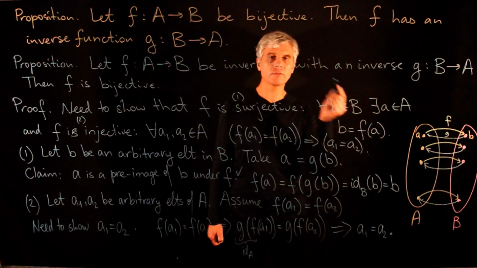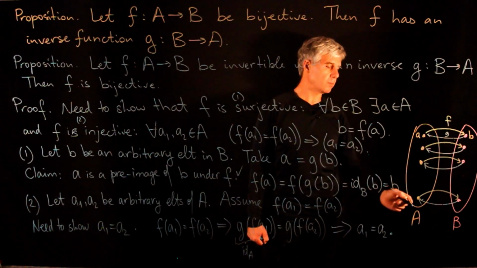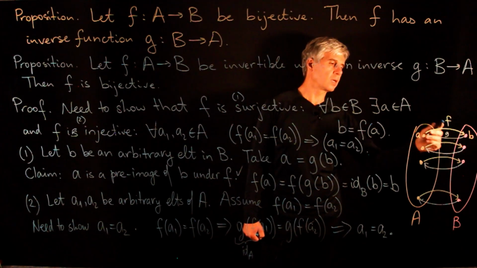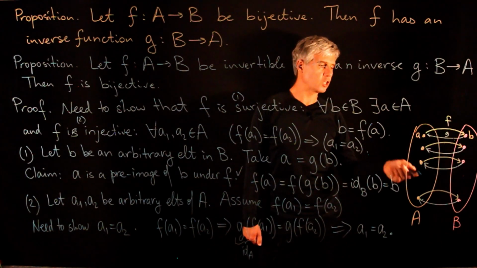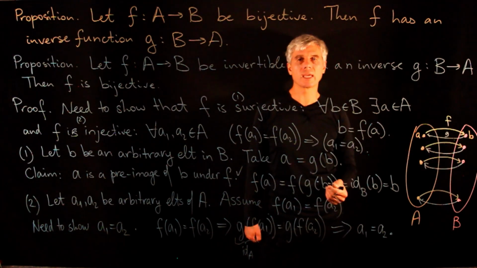Bijective means also that we have a one-to-one correspondence between elements of the set A and elements of the set B, right? So these arrows from A to B are surjective and injective. So this means that every element in B has a unique preimage in A.